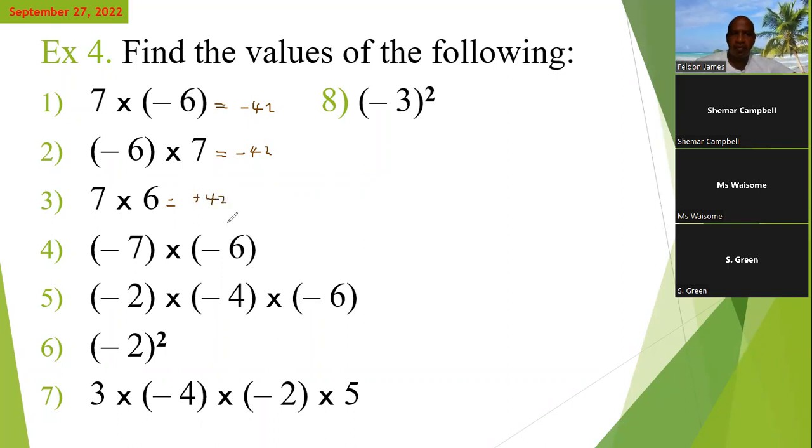Positive 42. Question 5. Negative 48. Question 6.